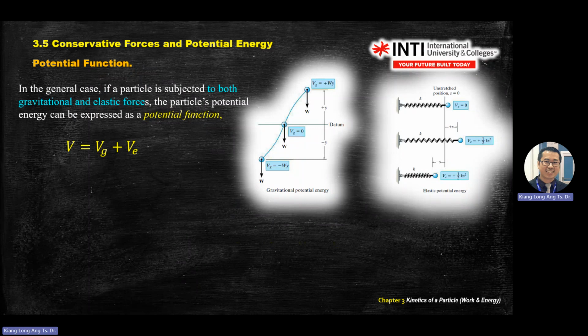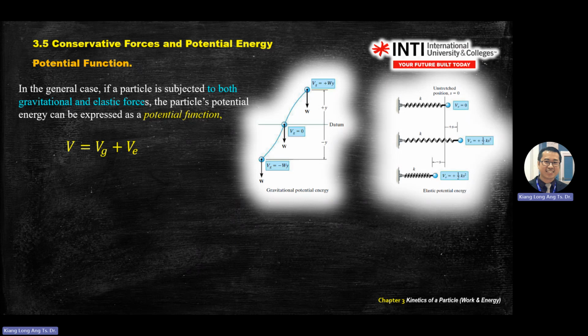So these are the two forces that you will consider when the question asks you to apply conservation of energy and potential energy in your solution. So if you see a spring and gravity, sure have one. Only when you see a spring, for the total potential energy, you need to add two components: one is the gravity component, one is the elastic or spring component.